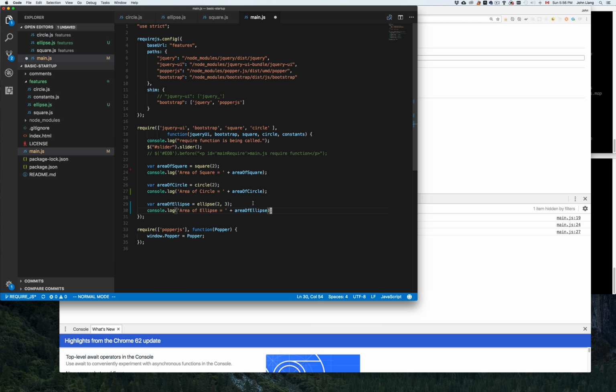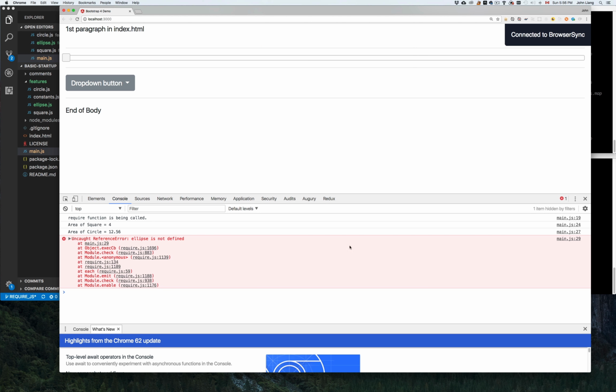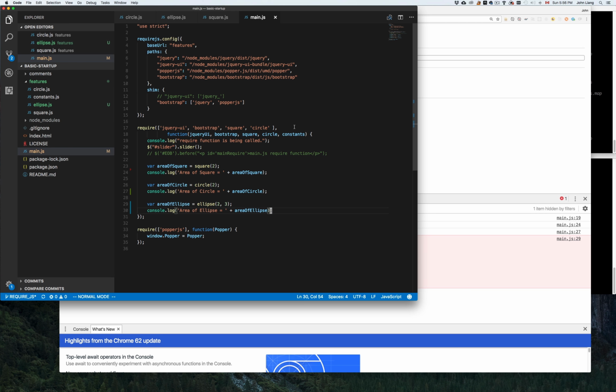Let's save it, but it won't work for now because we haven't loaded the ellipse calculation. Let's take a look at that. So now ellipse is not defined because we haven't loaded the module. So let's load it.